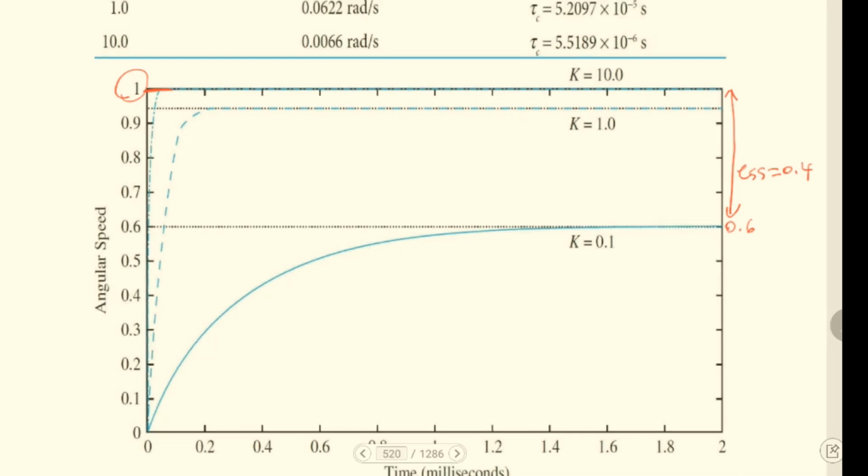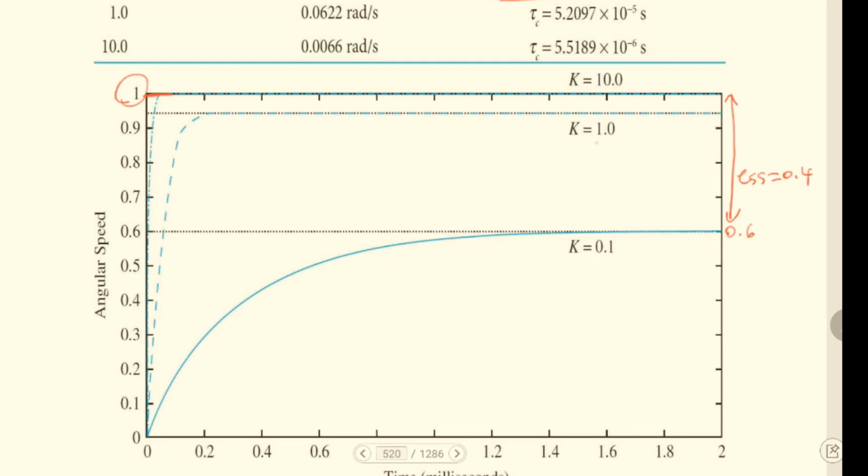By changing the controller gain from 0.1 to 1, as you see here, again we have an ESS value, which is given here, 0.0922 radian per second.